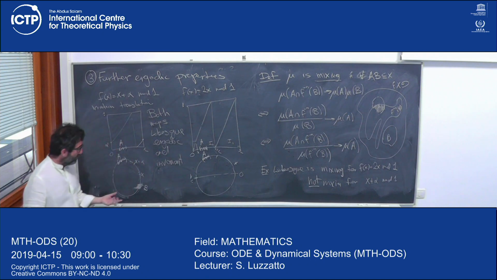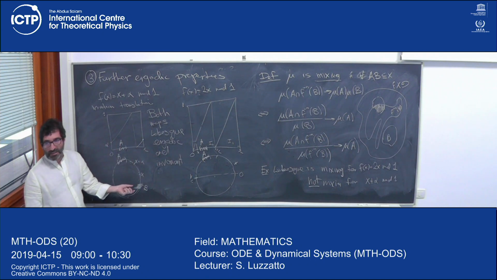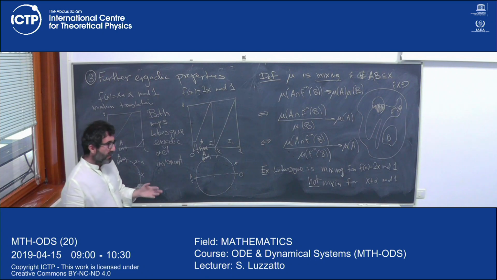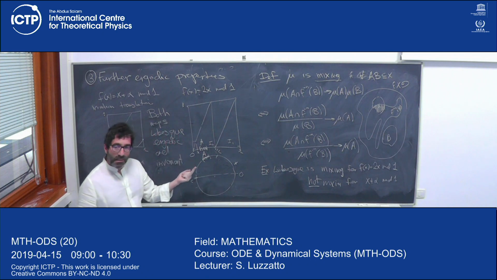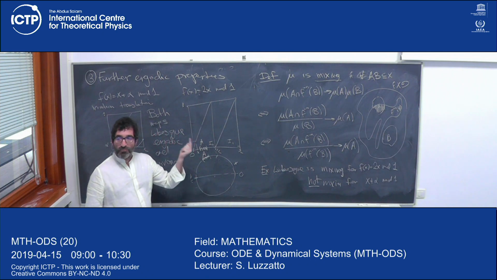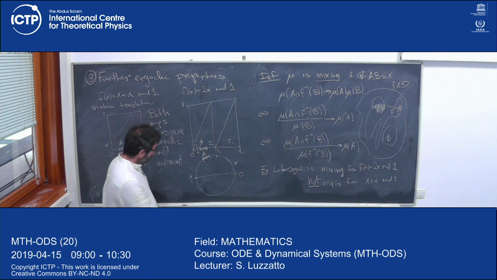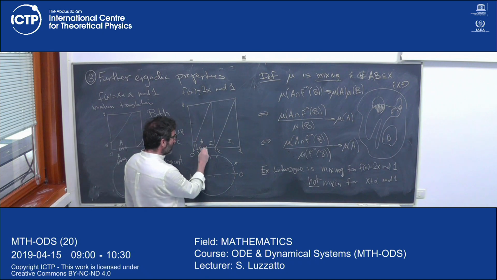I'm not going to prove this. It's fairly easy to show that the rotation is not mixing. It is not completely obvious to show that 2x mod 1 is mixing, but it's a very good example to try to visualize the property of mixing, because what are the pre-images of the set A?